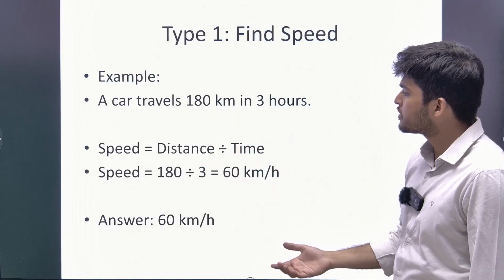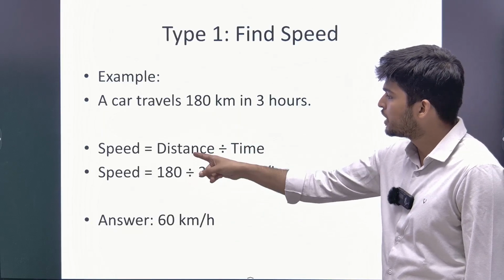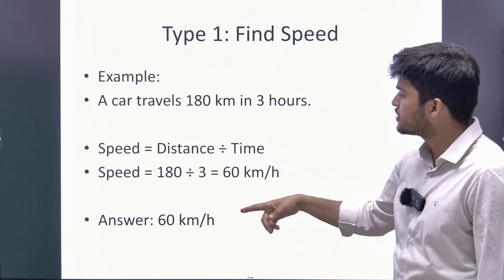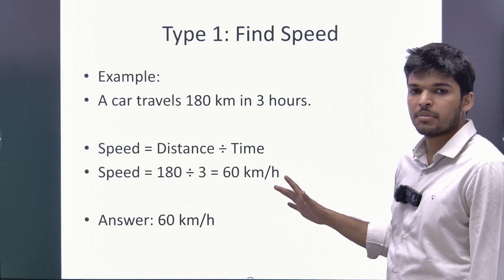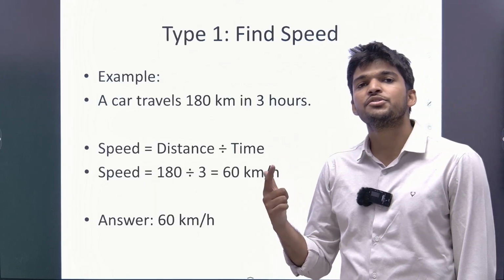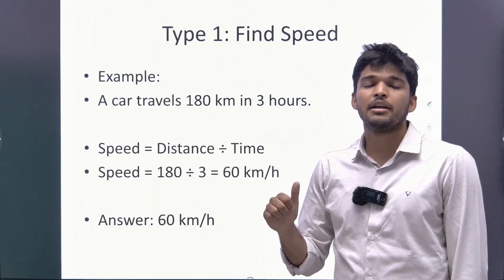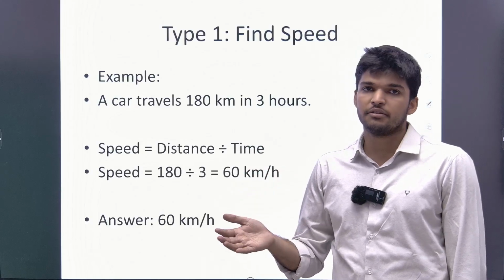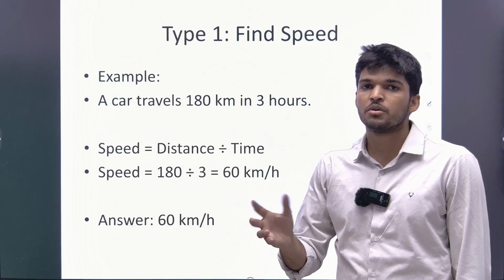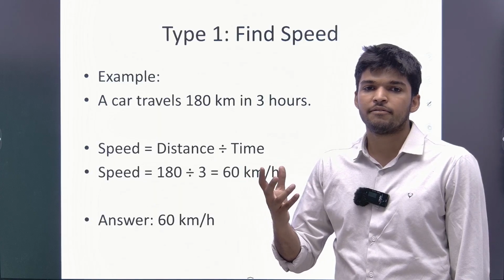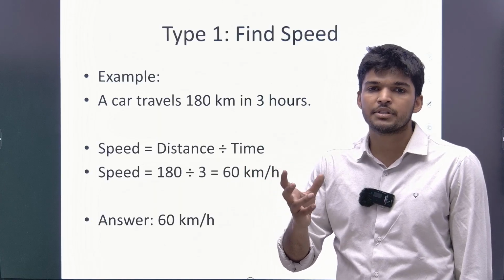To apply this, speed equals distance, which was 180 kilometers, divided by time, which was 3 hours, that is 60 kilometers per hour. In this question, the distance was in kilometers and the time was in hours. So we had to do no conversions as the units were constant.